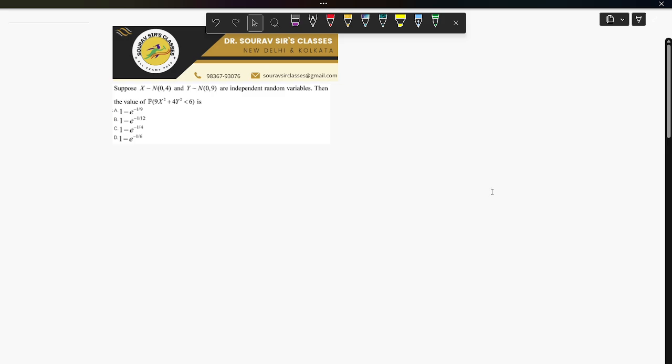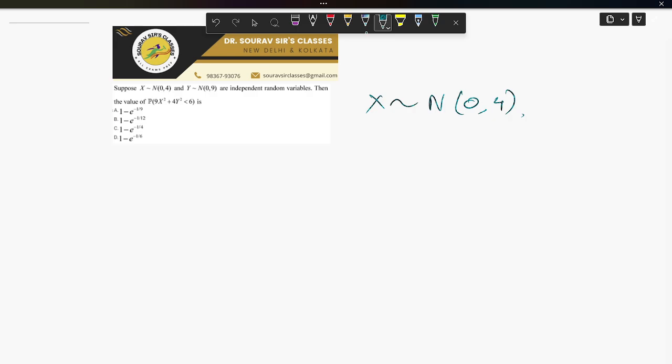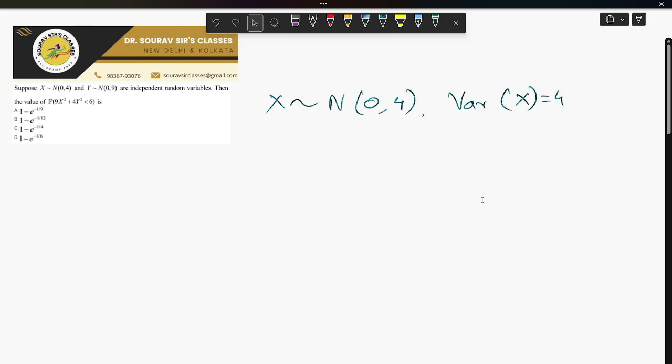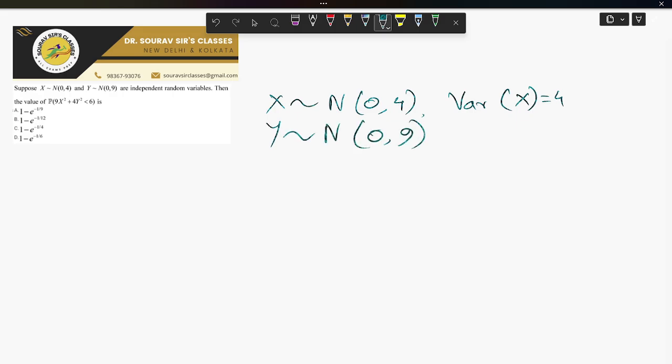So let us see what can be done with this. We are given two independent random variables, and our variance of X is equal to 4, and our variance of Y is equal to 9.